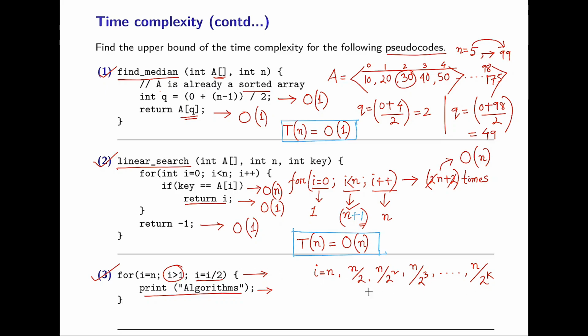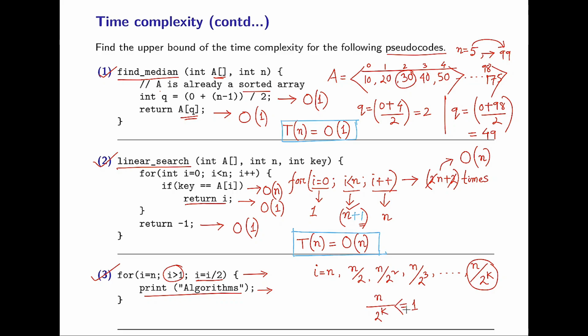So n by 2 to the power k, our stopping point, should be less than or equal to 1, because here it is greater than. So the stopping criteria is this one.